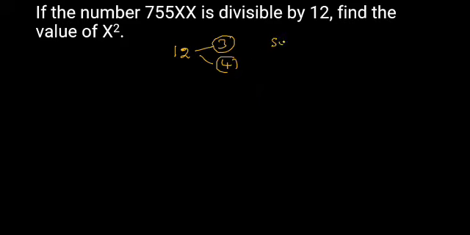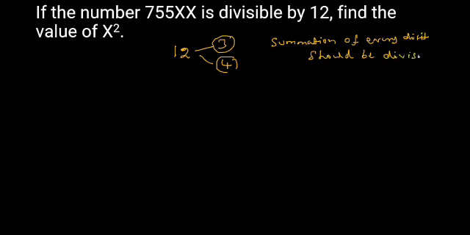The summation of every digit should be divisible by 3. Now we will just apply 7, 5, 5. 7 plus 5 plus 5.